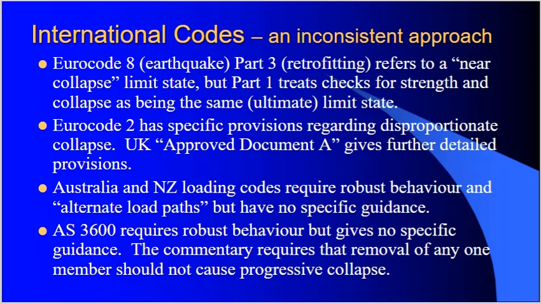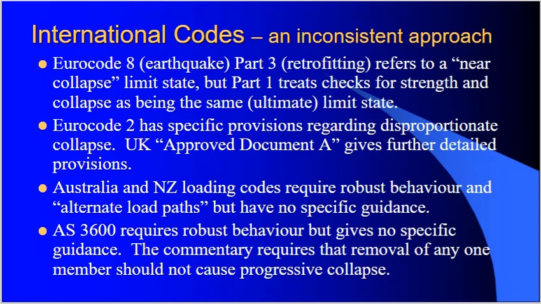Eurocode 2 has specific provisions regarding disproportionate collapse. And in the UK, there's an Approved Document A giving further detailed provisions. But those historically relate to the collapse of the Ronan Point structure in the UK in the early 1970s. So they have a long history of codes dealing with avoiding disproportionate collapse.